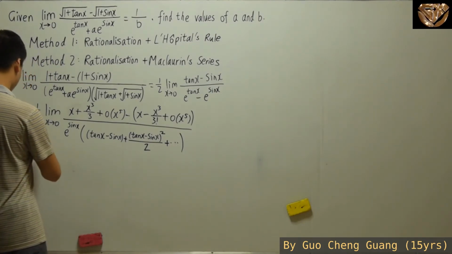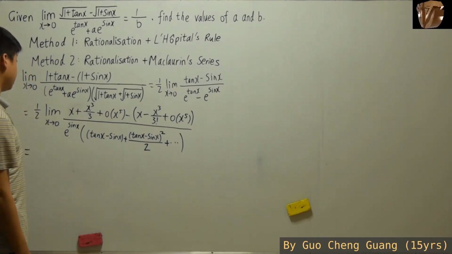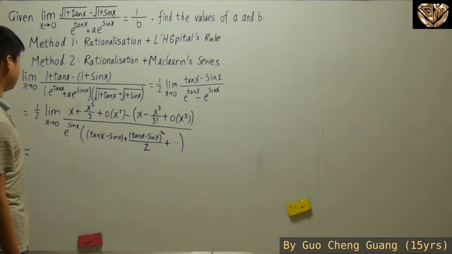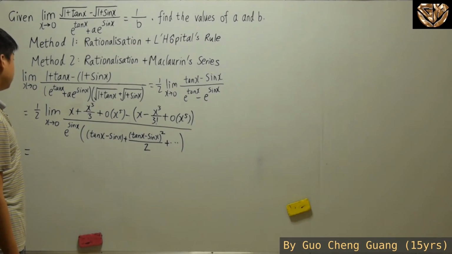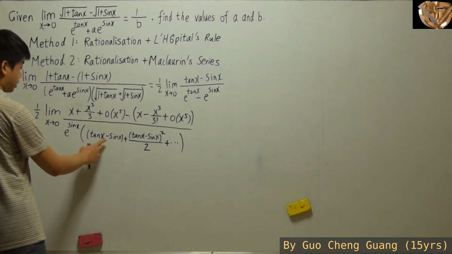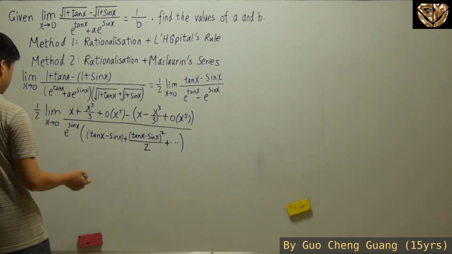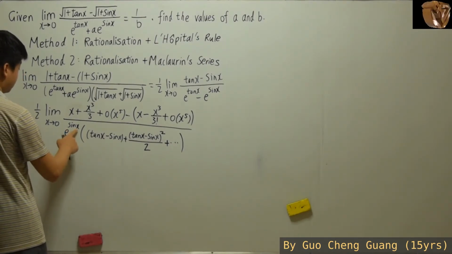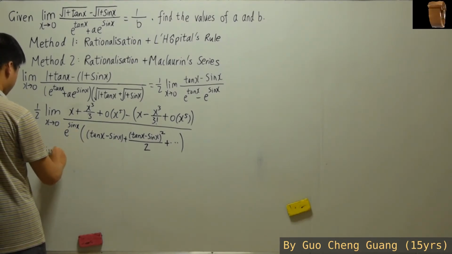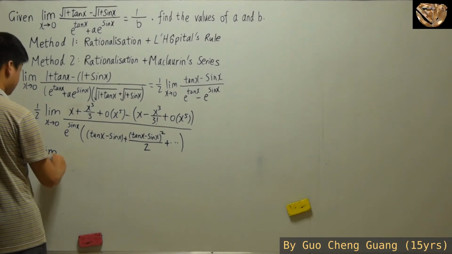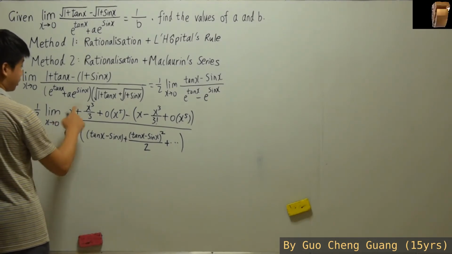Let's take a look at how we can continue from this step. In this case, we have tangent x minus sine x also in the denominator, and e to the power of sine 0 is basically 1. So you're going to have half times the limit as x approaches 0. In the numerator, the x terms cancel out.